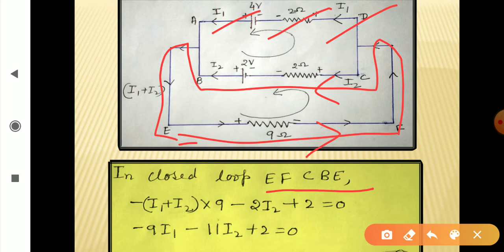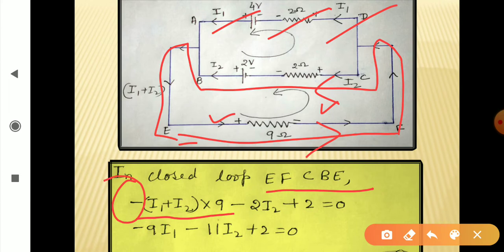So for resistance 9 ohm, we are moving from higher potential to lower potential because current flows from higher potential to lower potential. So the potential difference is minus (I1 plus I2) into 9. Fall of potential is taken as negative.